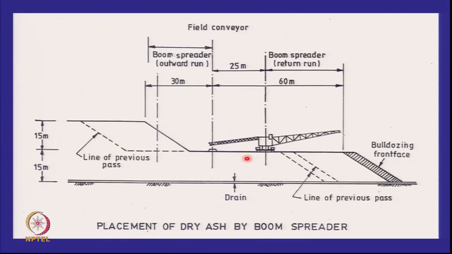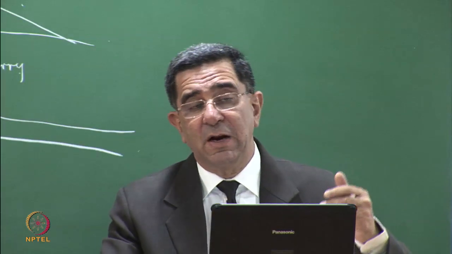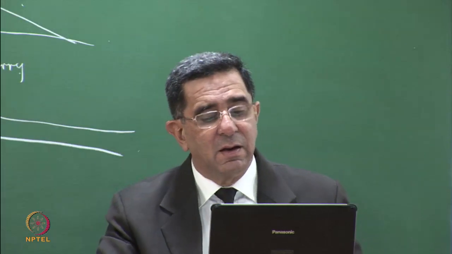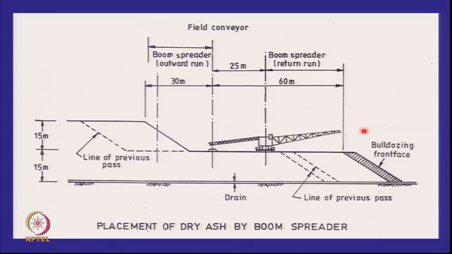In this manner, just like you made the progressive cones, where the pipeline was being moved, here the boom spreader is being moved. When this complete placement is over, the boom spreader will be dismantled and reassembled at this higher level, and then it again starts raising the height.